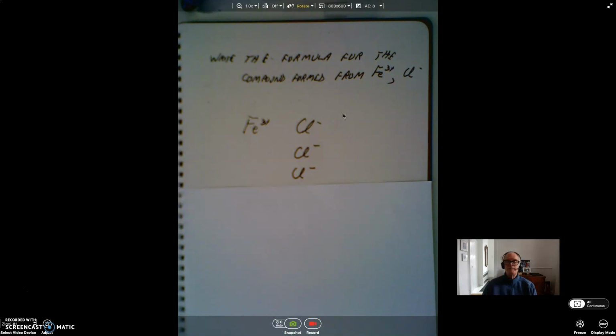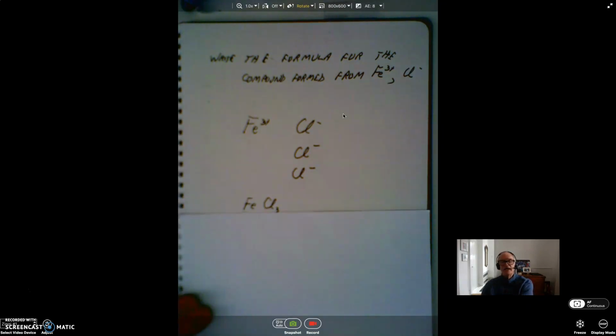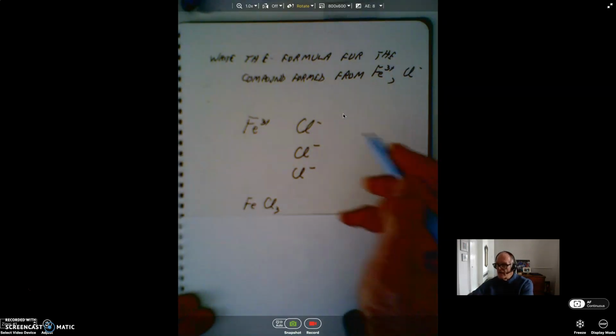So now we know how many of each ion we need. Let's write the formula for the compound. The compound contains Fe. It only contains one Fe ion, so there's no subscript next to Fe.